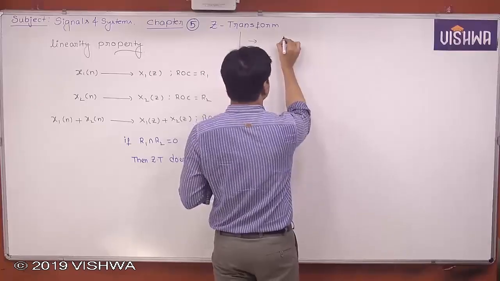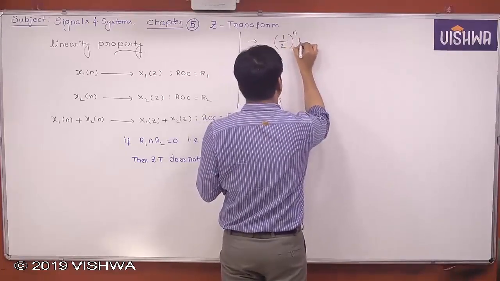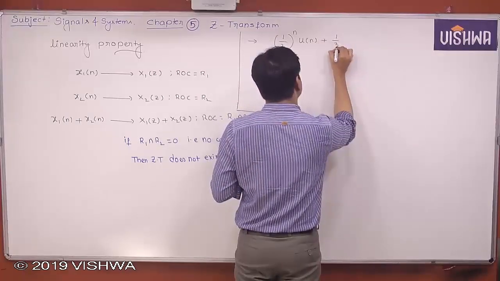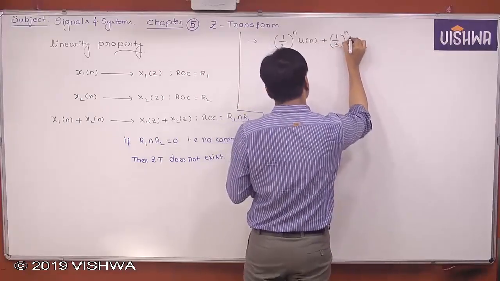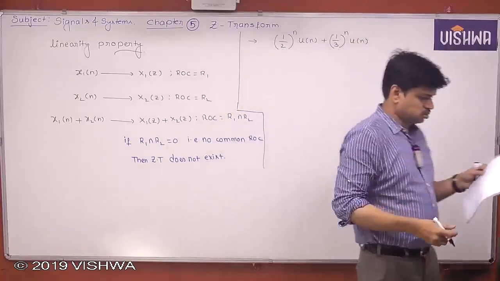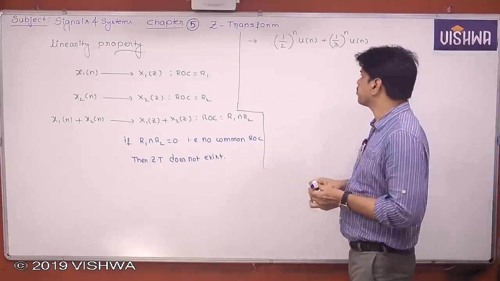Let's take a question. x of n equals 1 by 2 whole power n u of n plus 1 by 3 whole power n u of n. Okay.